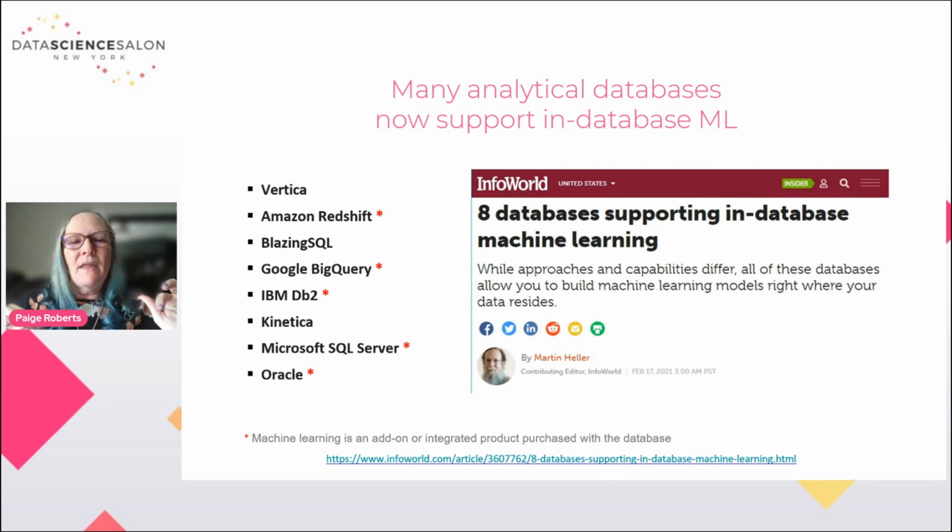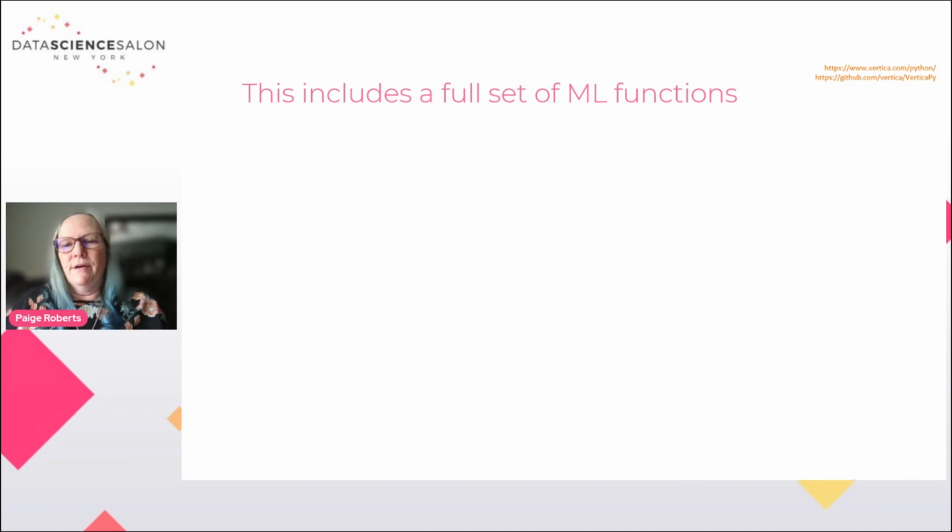I'm talking about databases like Amazon Redshift, which has SageMaker and Athena, and it can query all kinds of things and do machine learning. Google BigQuery has Google ML. Vertica just has it all in one package. These things exist and it is out there.